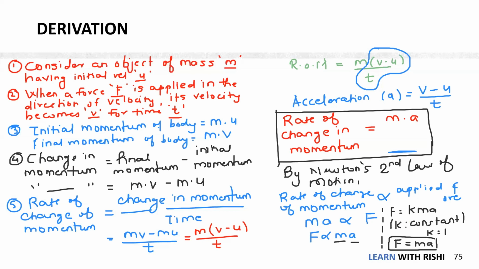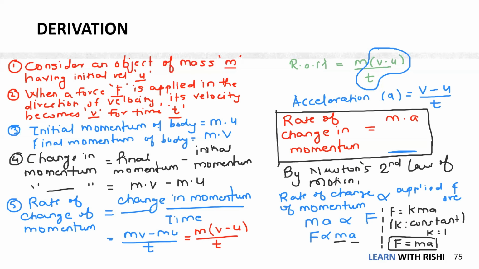Then we described the rate of change of momentum, that is change in momentum upon time. So (mv minus mu) upon t. Taking m common, we got m into (v minus u) upon t. Then (v minus u) upon t is nothing but change in velocity upon time, so we replaced it with acceleration. Finally, we got the rate of change in momentum as mass into acceleration.